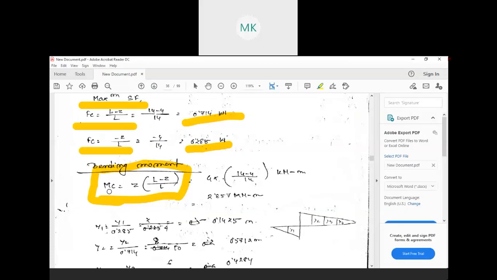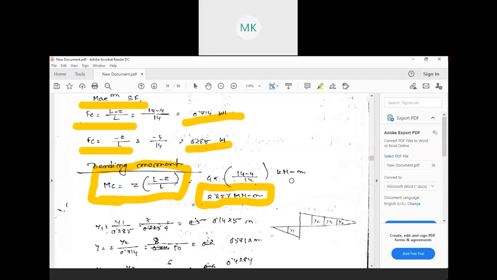At that point C, when we need to find the bending moment, our formula is MC equal to Z into (L minus Z) by L. Everything we know. We just need to put in all the values, Z, L, and so on. From that, you can easily find the bending moment. So our first part is over. We have already calculated the shear force and bending moment.